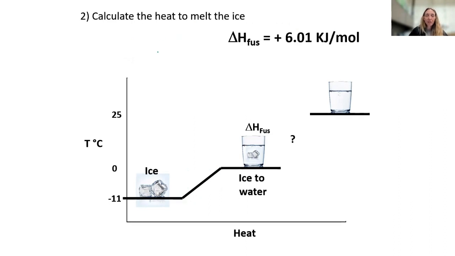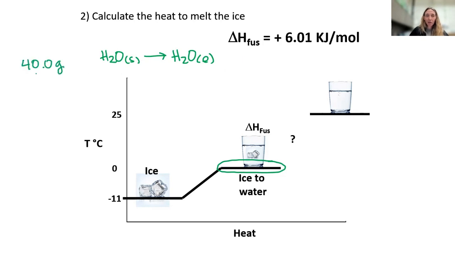Step two, we need to calculate the heat to actually melt the ice. So right here is this step. How much heat is it going to take for all of my ice, my water as a solid, to convert to water as a liquid? And that's going to be dependent on how many grams I have.